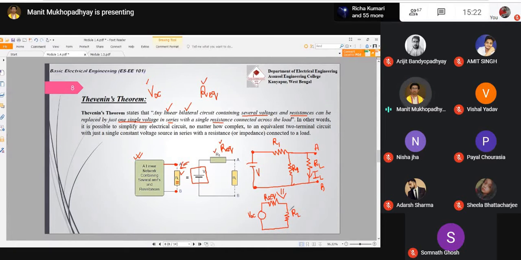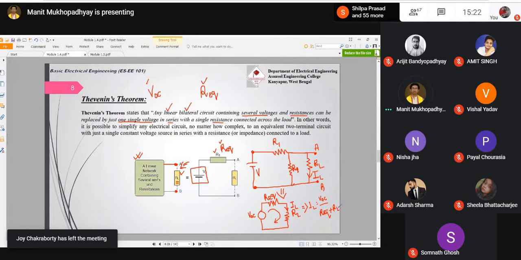So from this simple circuit you can calculate the value of current that will flow through the RL. Very easy. The value of IL will be VOC divided by R equivalent plus RL.